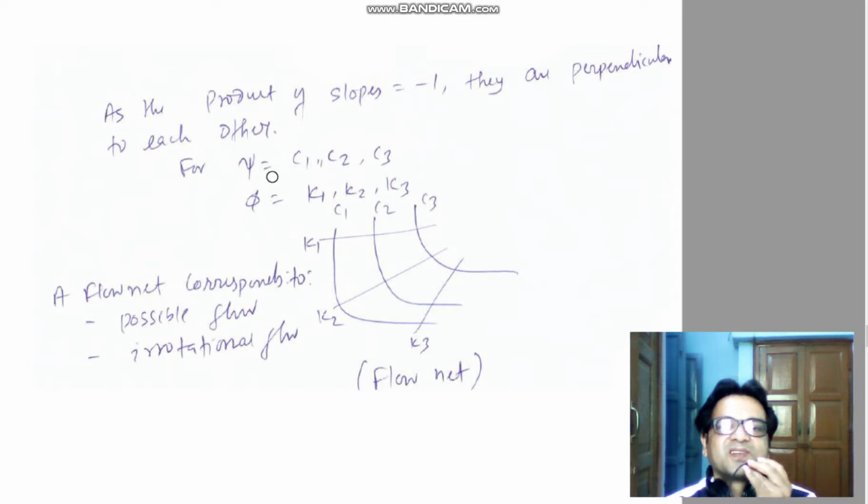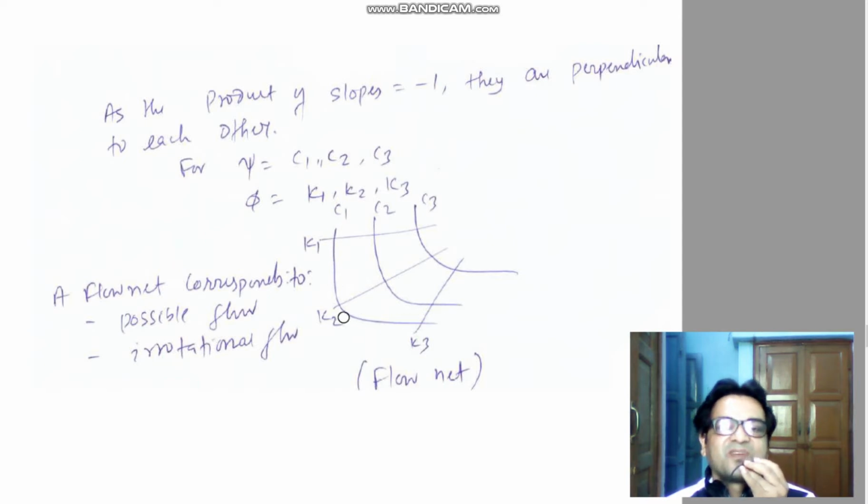So if psi equal to c1, c2, c3, three streamlines, and phi equal to k1, k2, k3, three velocity potential curves, then you can plot. These k1, k2, k3 are perpendicular to c1, c2, c3. So this is a flow net, a typical flow net. So what is the significance of the flow net?